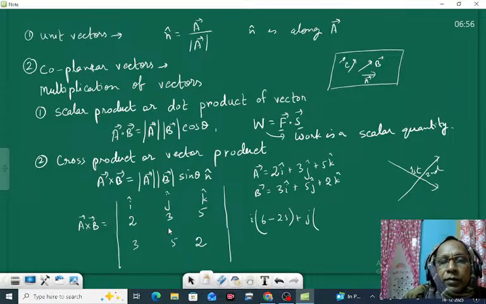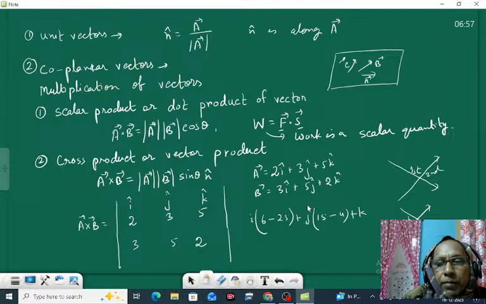When you take j, leave this row and this column, and take the first multiplication, 3 into 5, 15, minus the second, 3 into 2, that is 6 hence 15 minus 6.